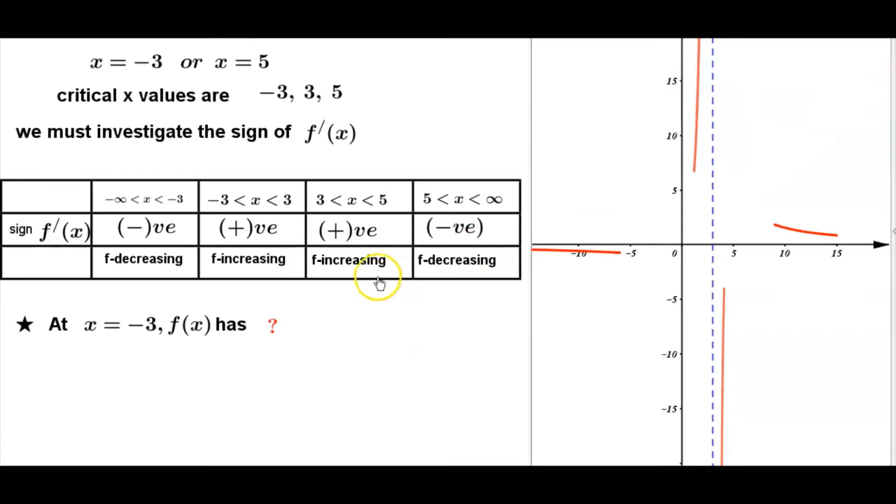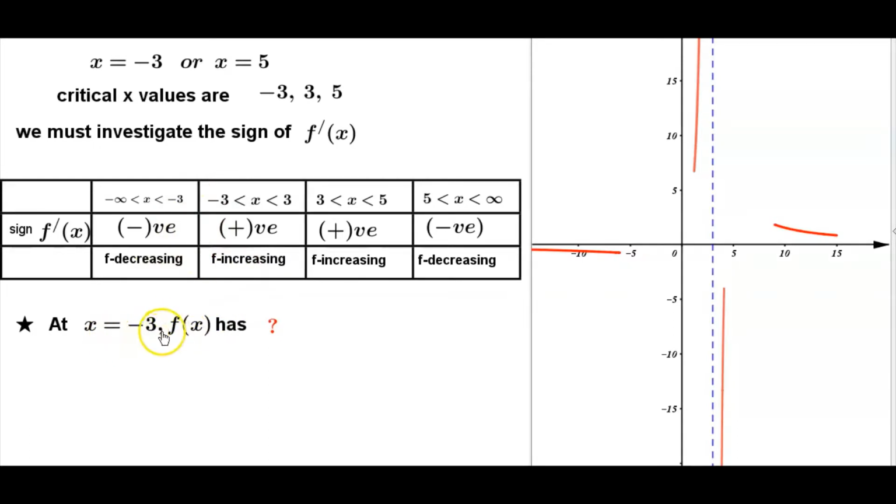So consider x is equal to -3. In the neighborhood of -3, the function is decreasing and then increasing.